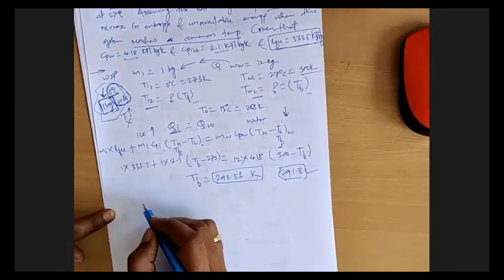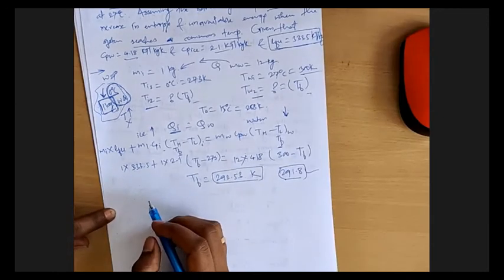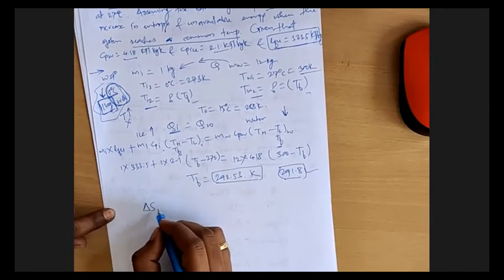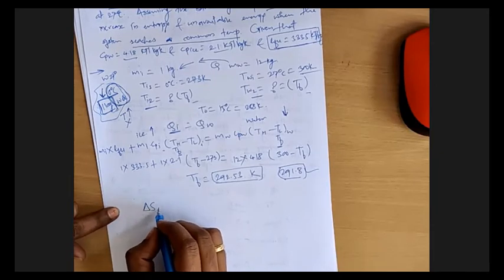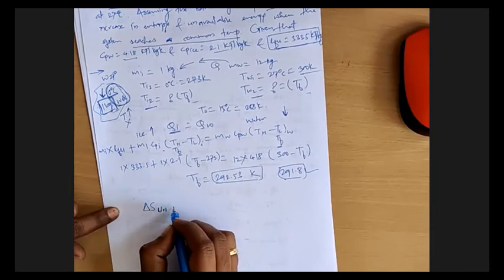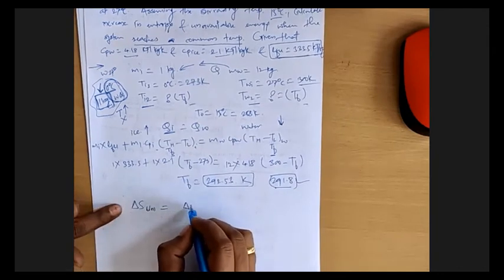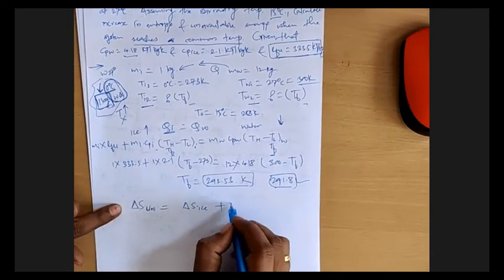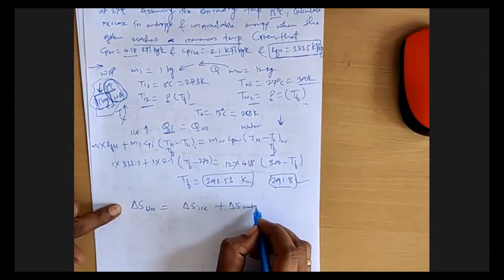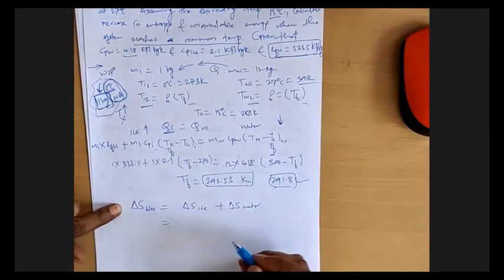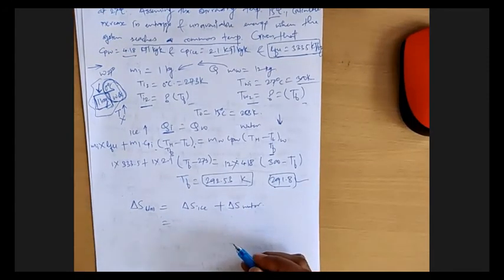So let's calculate the entropy change. So delta S universe or delta S total will be equal to delta S for ice plus delta S for water. Let's calculate for those two.